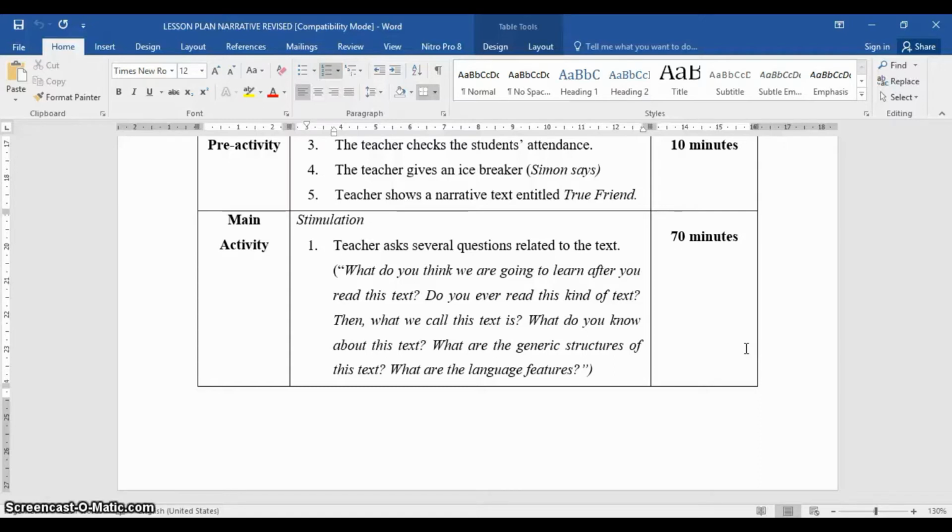Do you ever read this kind of text? What do we call this text? What do you know about this text? What are the generic structures of this text? What are the language features, and so on.